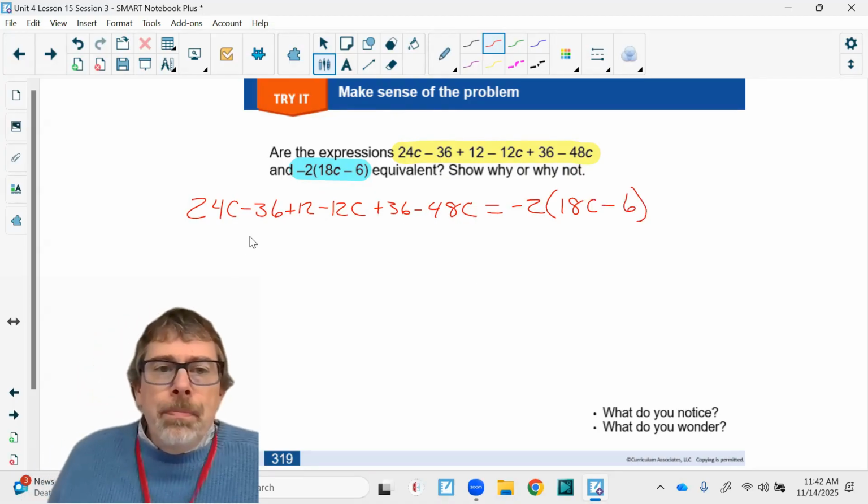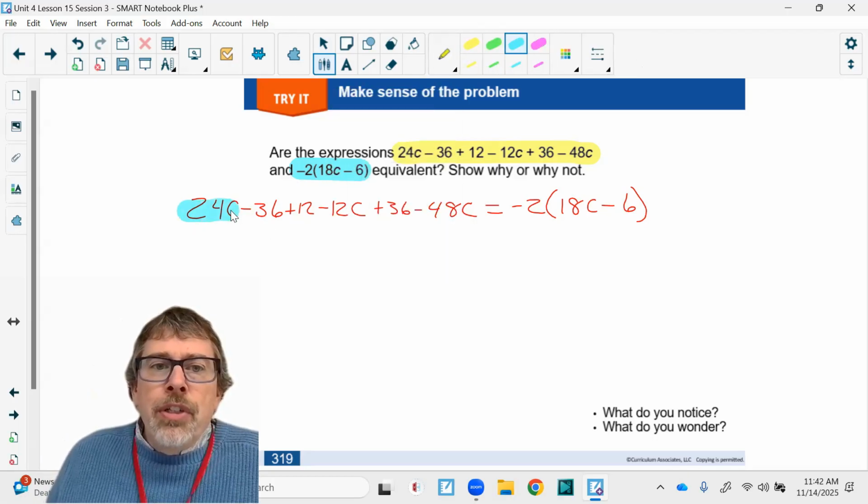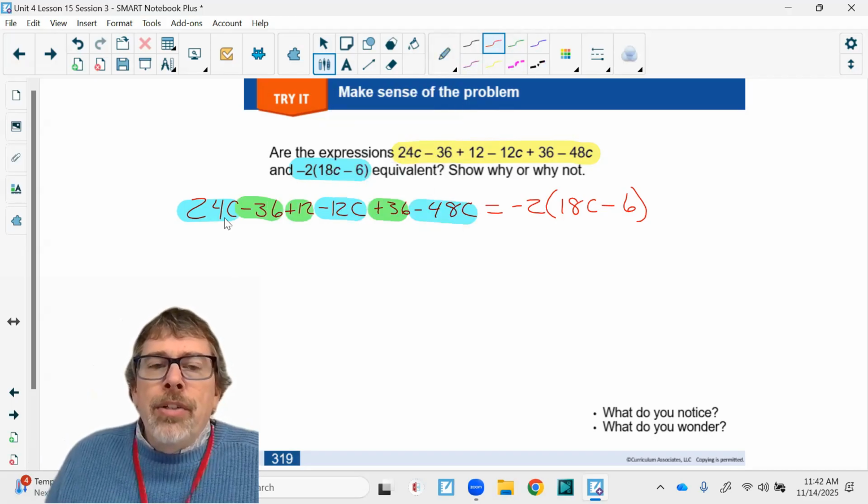Okay, so the first thing I'm going to do is highlight my coefficients with the variable c. Right here, and right there. And then I'm going to highlight my constants, negative 36 plus 12 plus 36. And I'm going to rearrange these together.